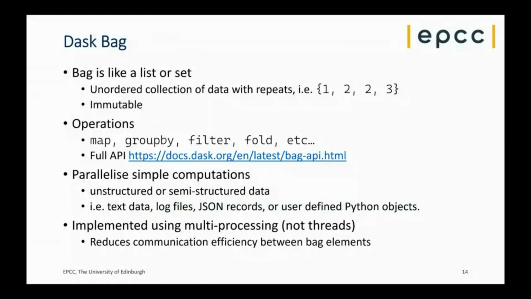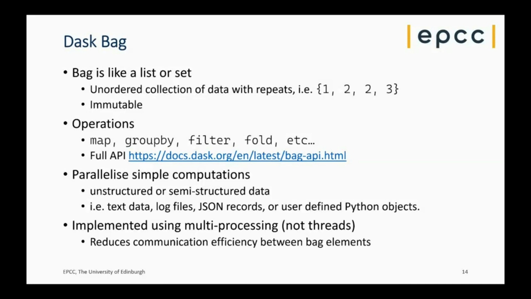And then the final thing we saw is a more generic data structure which lets you write your own things. This is called a bag. This is like a Python list or a Python set, an unordered collection of data with repeats. A bag is immutable, so you can't change it once it's created, but you can create new versions from it.